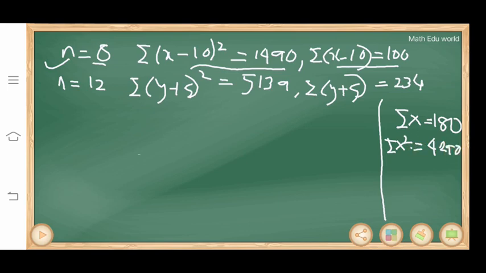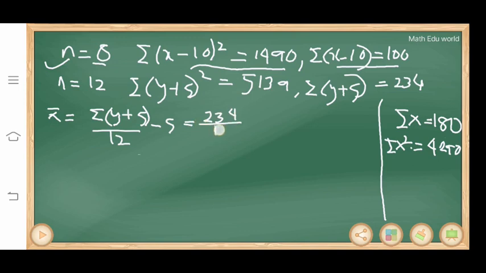So here first we have to find the mean, which is sigma of (y plus 5) by 12, minus 5, because when we add to coded data, we subtract that same value to decode it. So we get 234 divided by 12 minus 5, which is 14.5.